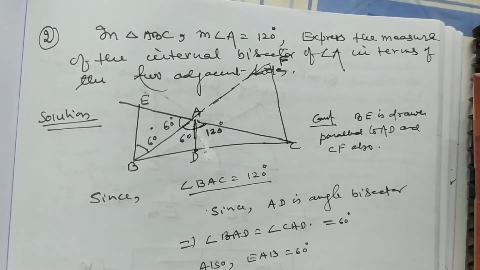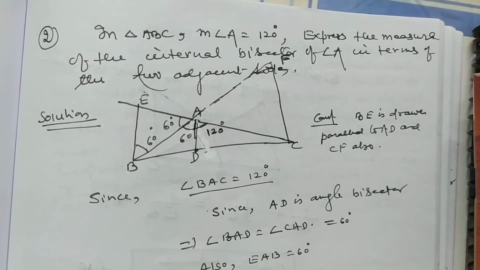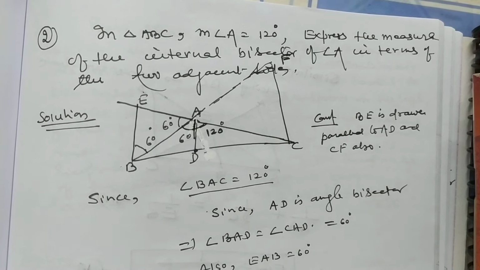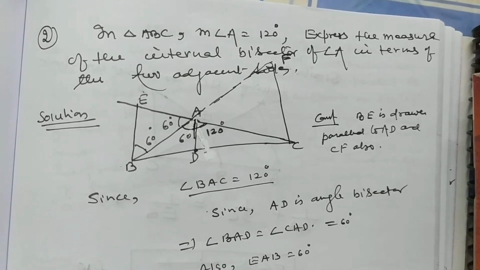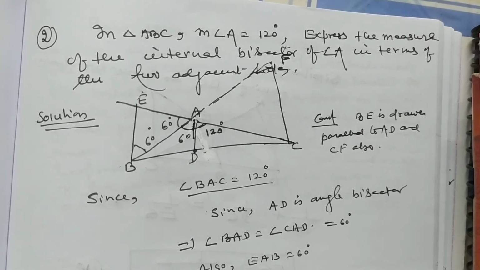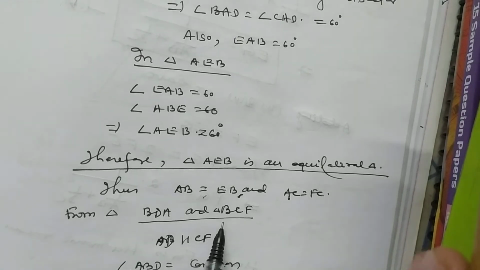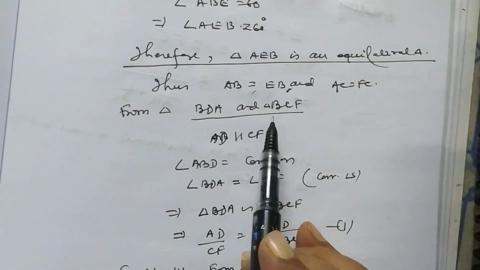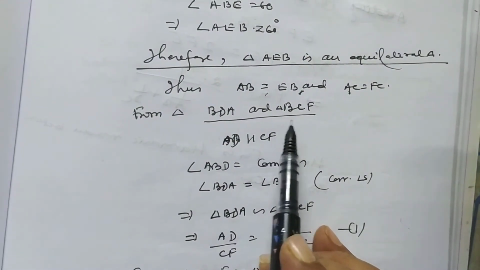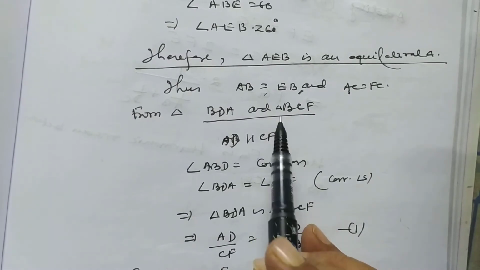AB is equal to EB. And AC is equal to FC. This is also an equilateral triangle. So now what do we observe? We observe that triangle BDA and BCF both are similar.